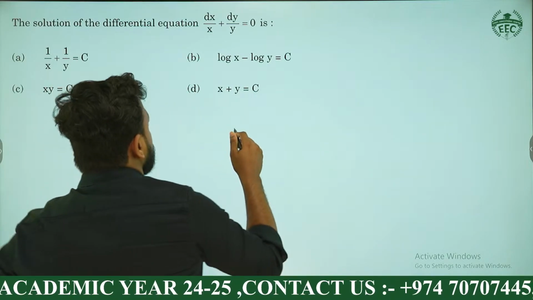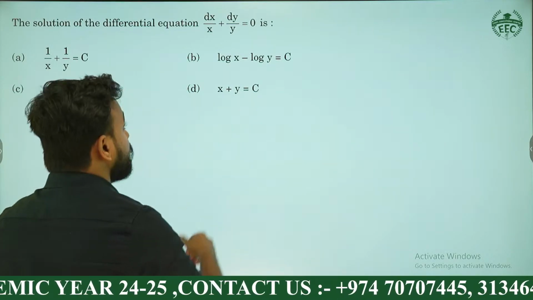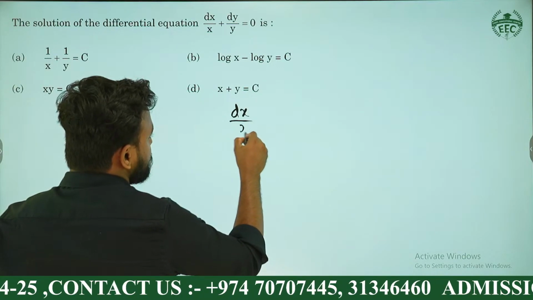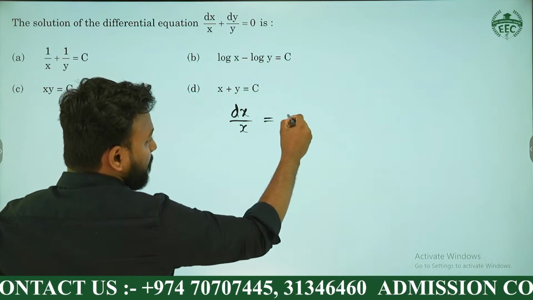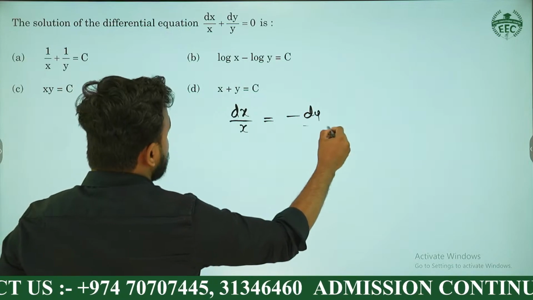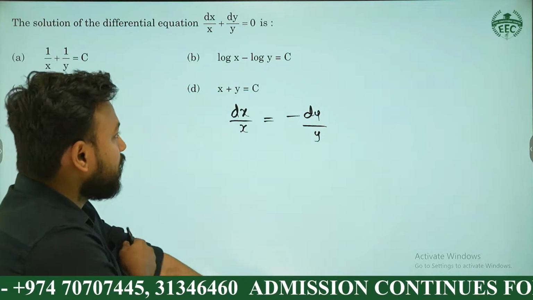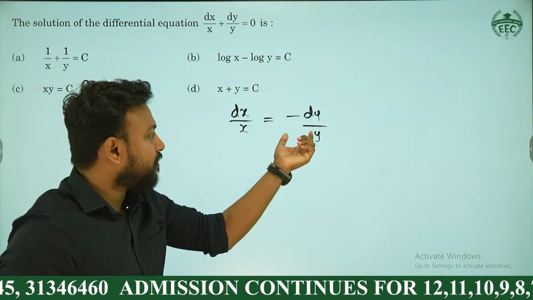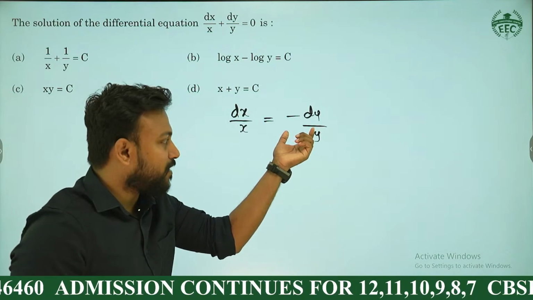Here you can see, listen guys, dx by x is equal to minus dy by y. I take this dy by y to the right side and you will get negative dy by y.